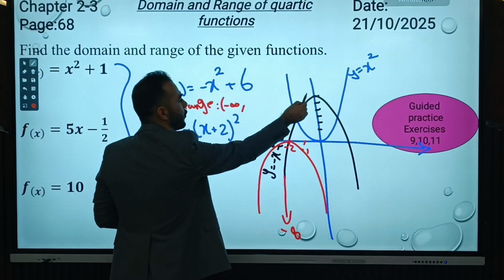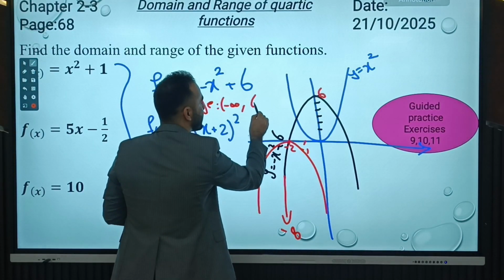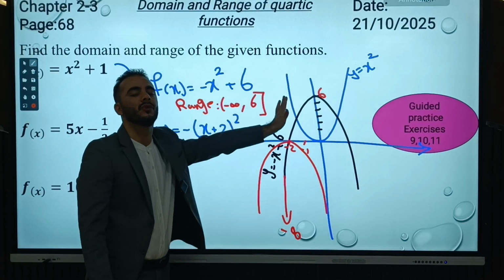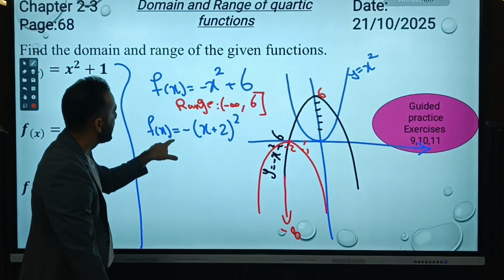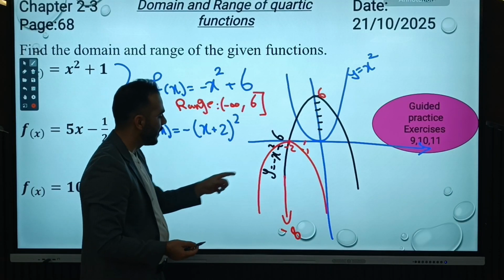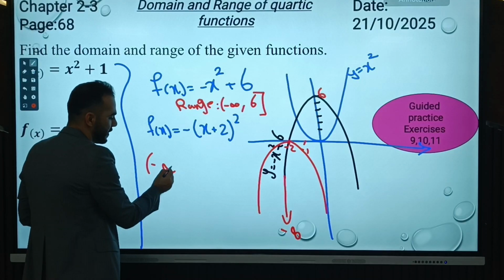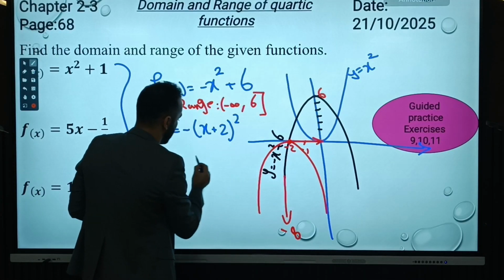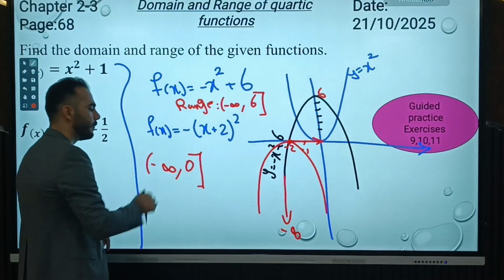Always make your intervals from least to greatest. How about here? The red one is again from negative infinity to the greatest value of y, which is 0. That is the story of domain and range of quadratic function.